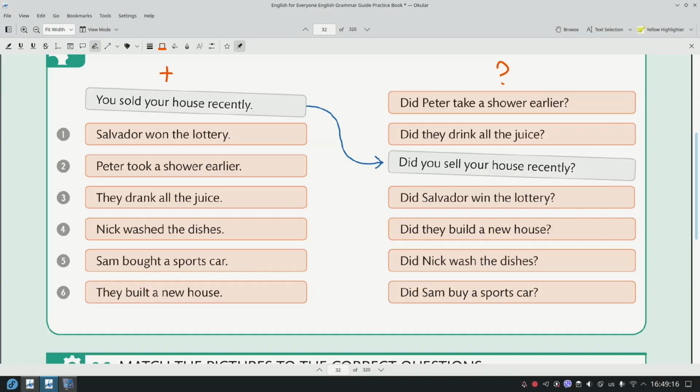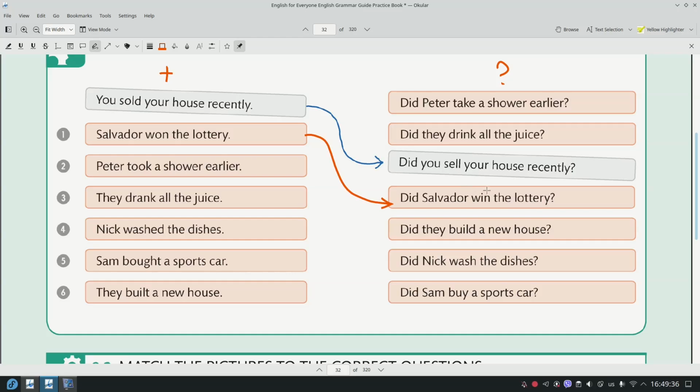And we should match our positive sentences with question sentences. You sold your house recently. Did you sell your house recently? Salvador won the lottery. So, did Salvador win the lottery?